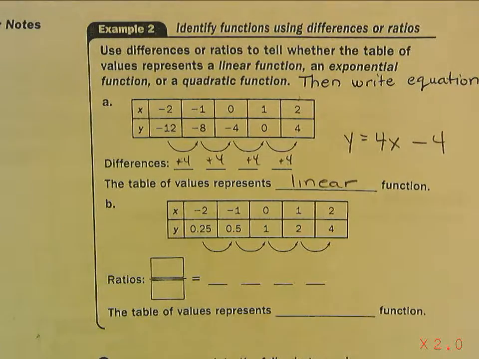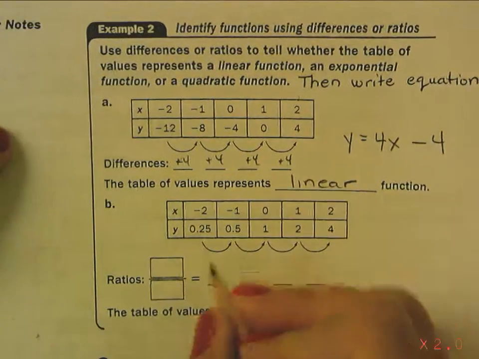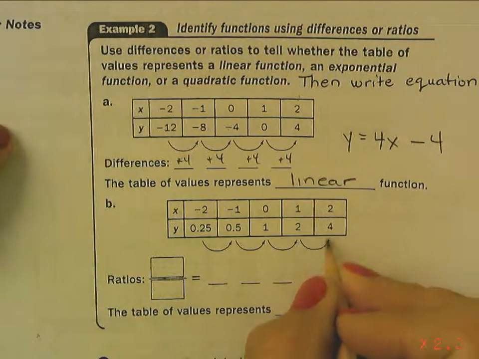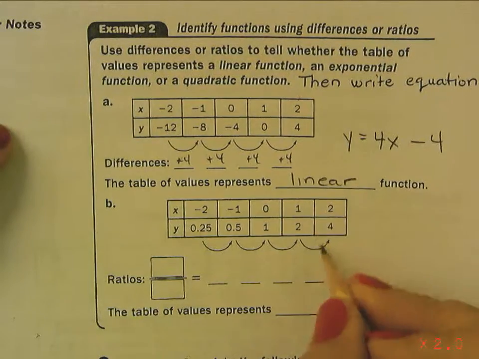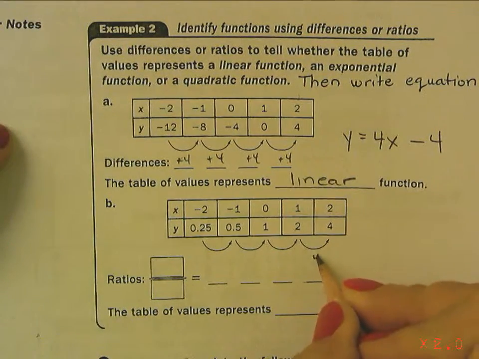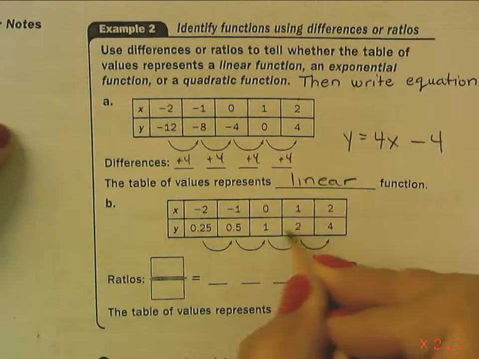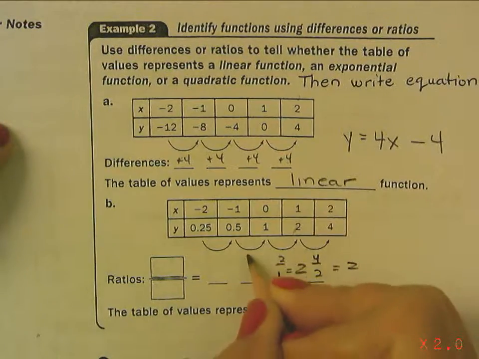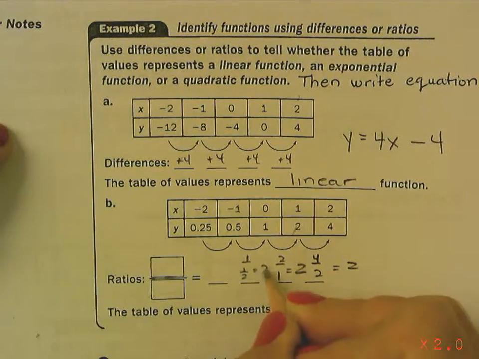Okay? If we look at the next one, I notice here I don't think there's going to be a common difference. There's going to be a common ratio. If I do 4 divided by 2, so this is 4 over 2, which is 2. This is 2 over 1, which is 2. This is 1 over a half, which is 2.